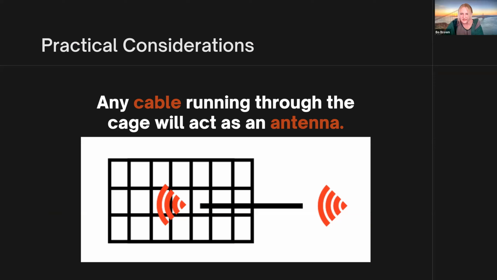However, there is a slight issue. If you run a wire inside and out of a Faraday cage, it basically acts as an antenna, which you don't have to know much about Faraday cages to know that's the exact opposite of what you're trying to achieve. This is probably the most annoying part of this entire setup, dealing with the cable running in and out.